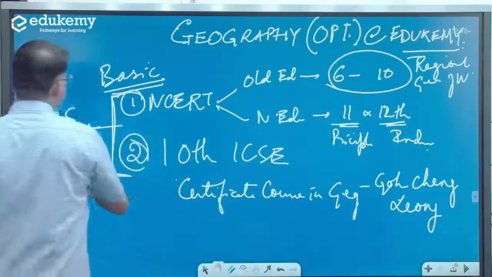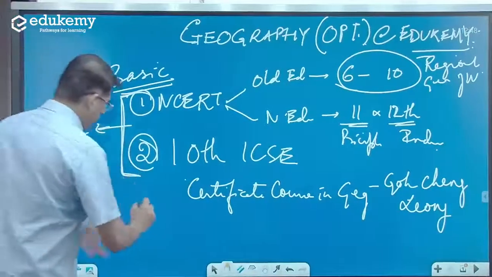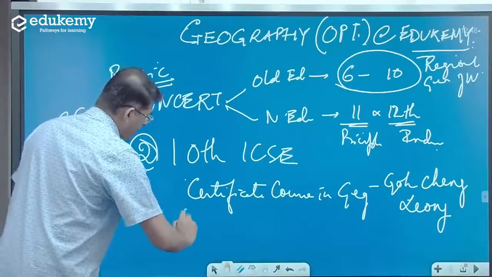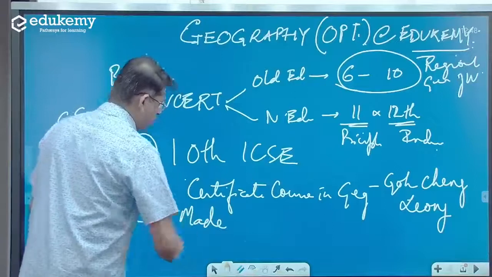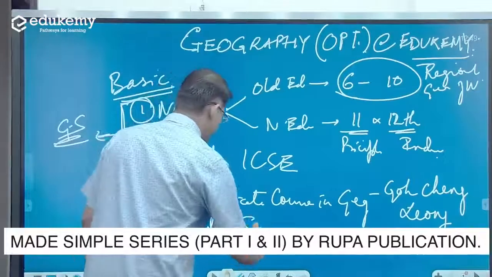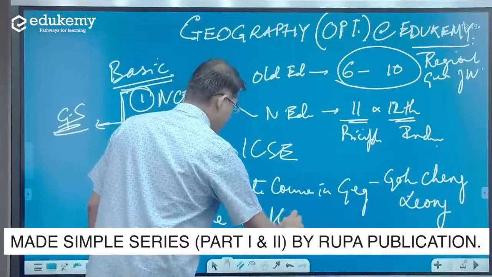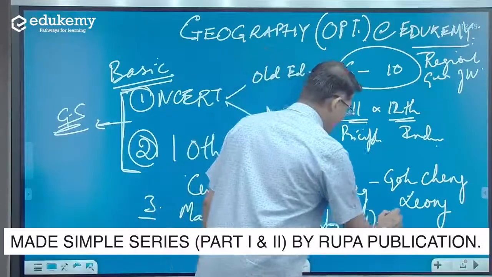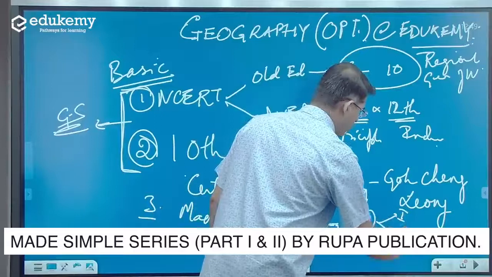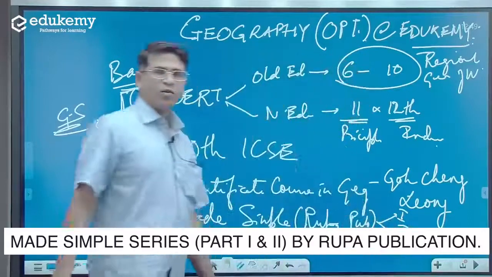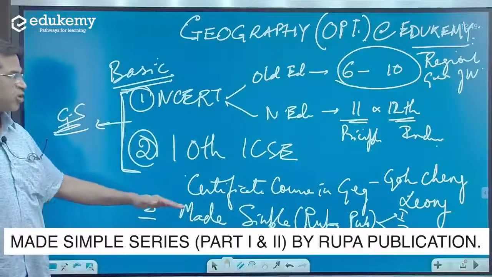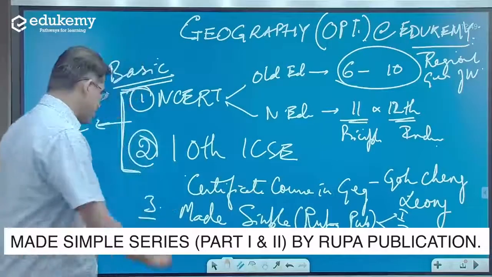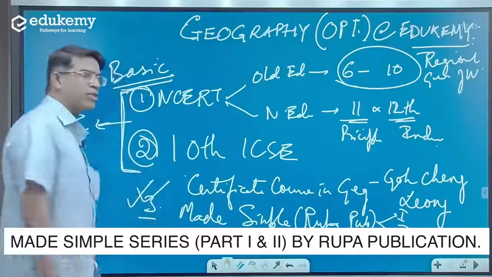Apart from these basic books, you can also have the choice of buying the Made Simple series, Geography Made Simple. This is by Rupa Publication, and there are two volumes. Volume 1 is physical geography and volume 2 is human geography, and I'll recommend please do buy this book also.